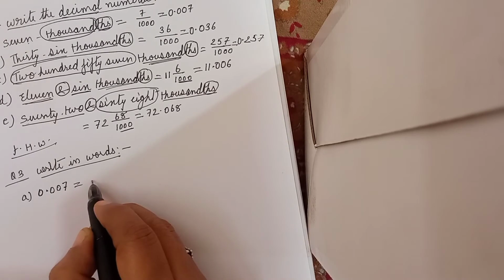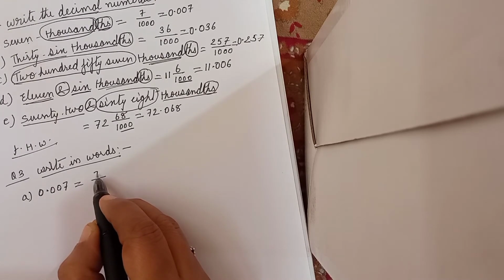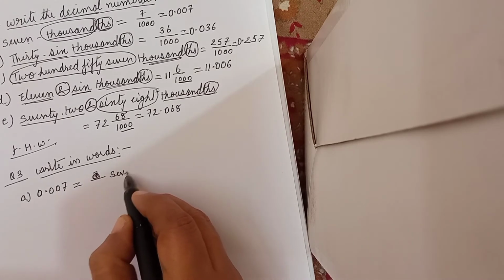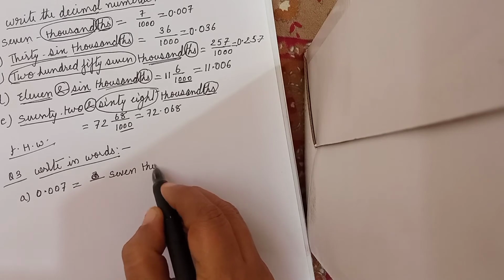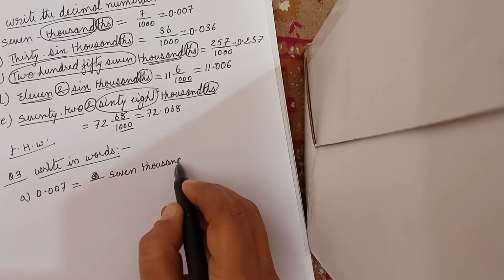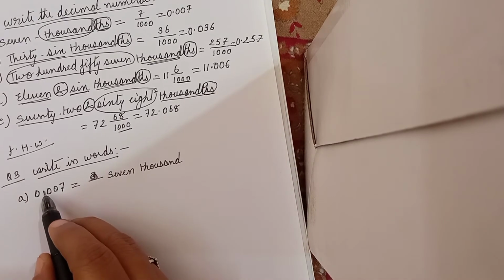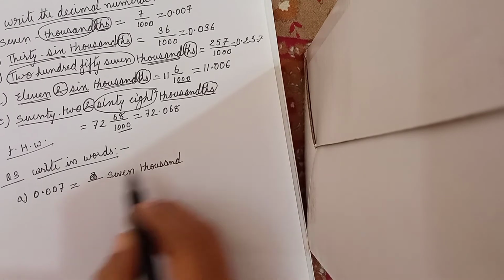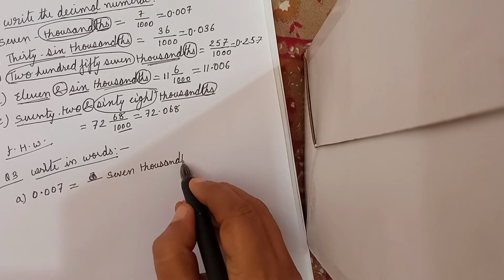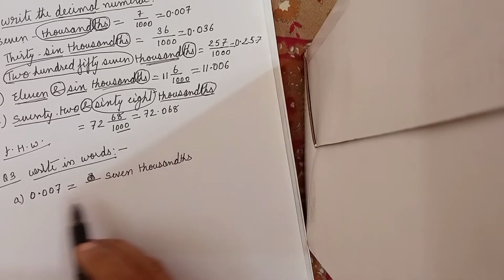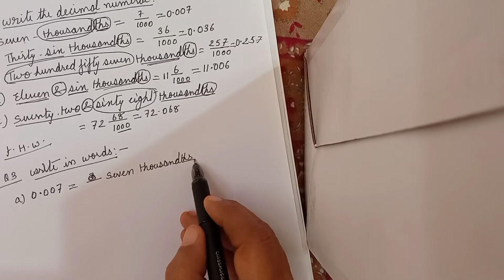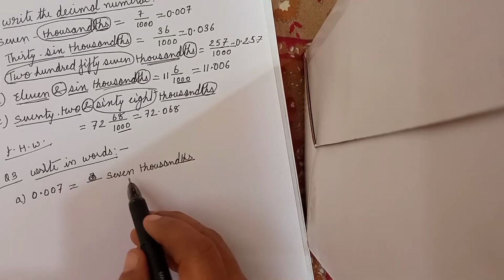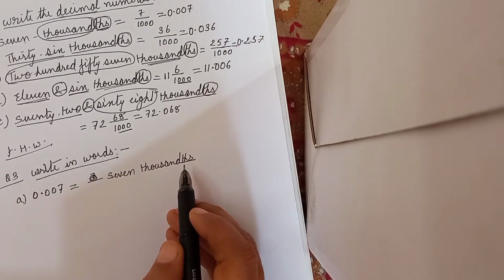So how many thousandths? 7 thousandths. Now here, after the point, we are writing the words, so for thousandths we will put THS. After the point, whatever you write, you will add THS. So in words it is 7 thousandths.